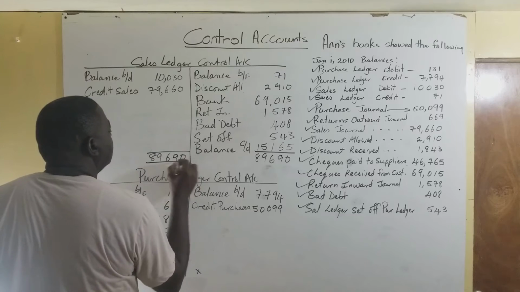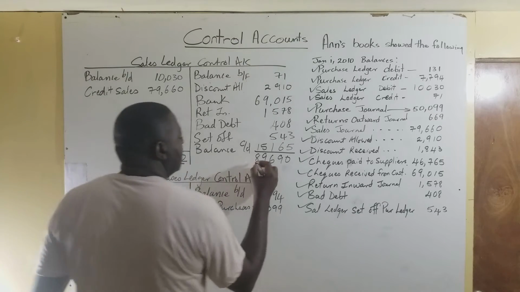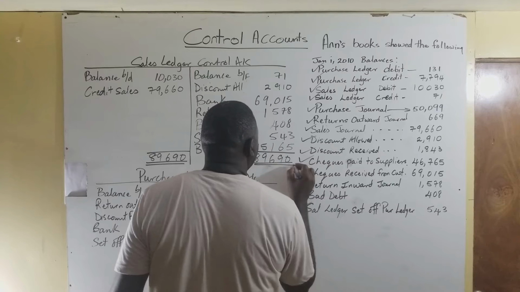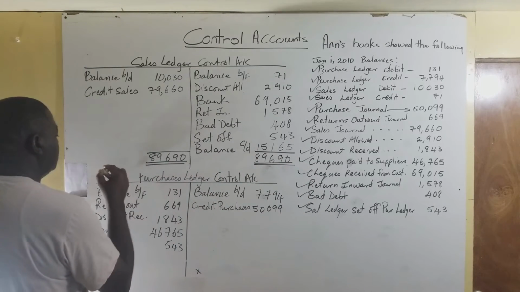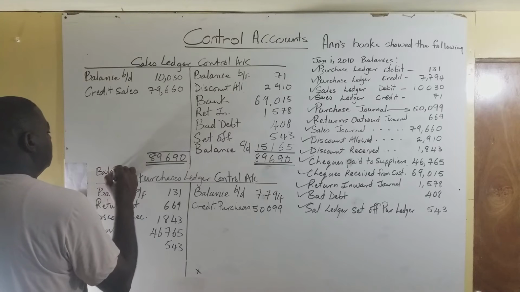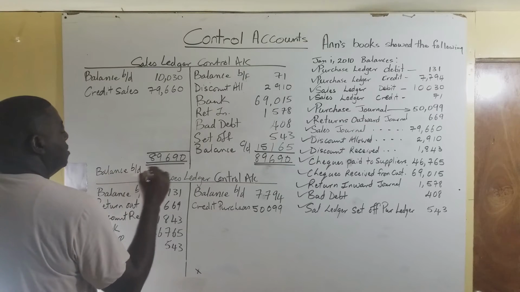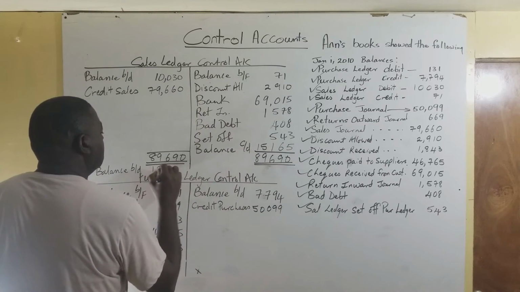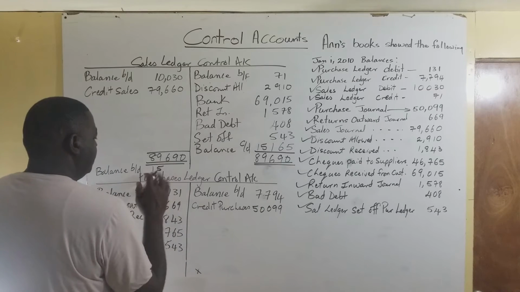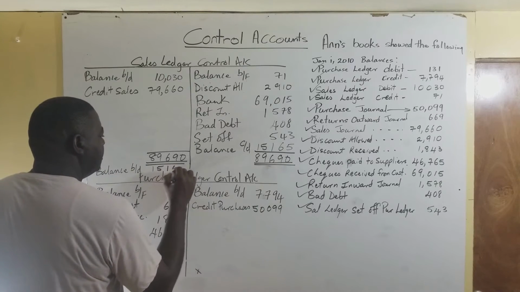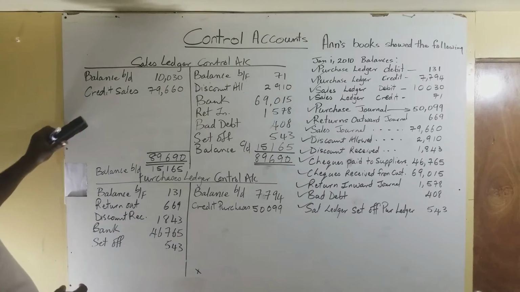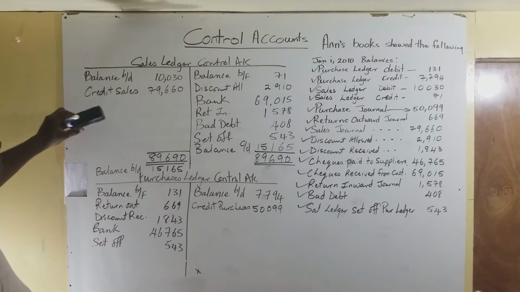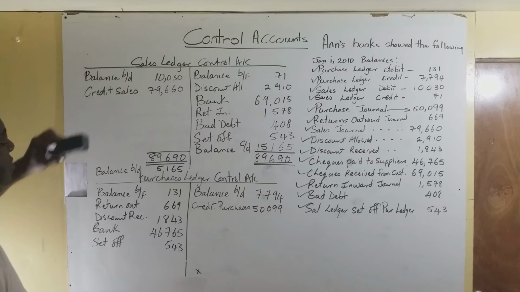We can double line here to close it, and we double line here to close it. We'll put in the balance brought down, which is the 15,165. That would have completed the sales ledger control.